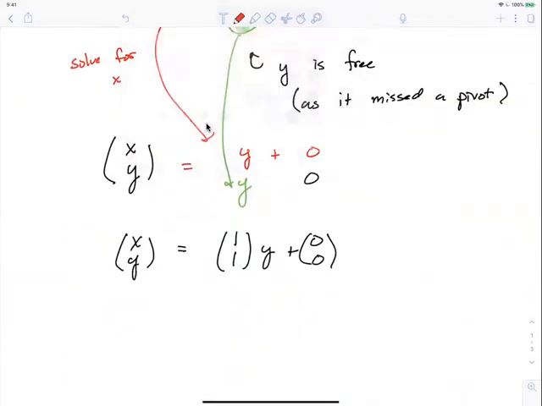This is the same line. The only difference now is that we have a y instead of a t. That t was just a placeholder to say you can take any number of steps. In this case, the y is also saying you can take any number of steps, but when we indicate with y, that means that is the value of y. The only way to change y is to take y steps.